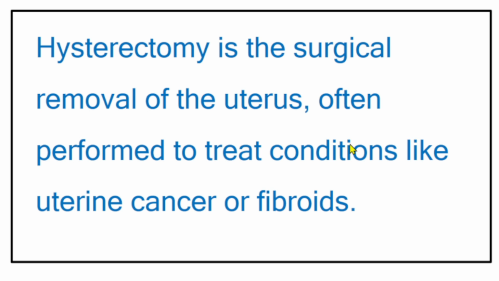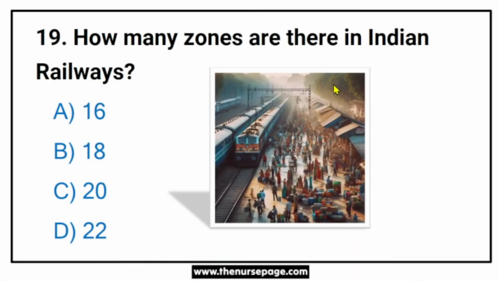So hysterectomy is usually indicated in the case of uterine cancer or uterine fibroids. And you can comment some other options also in the comment section. So two indications for hysterectomy I have mentioned here, that is uterine cancer and fibroid uterus, and other indications you can comment.